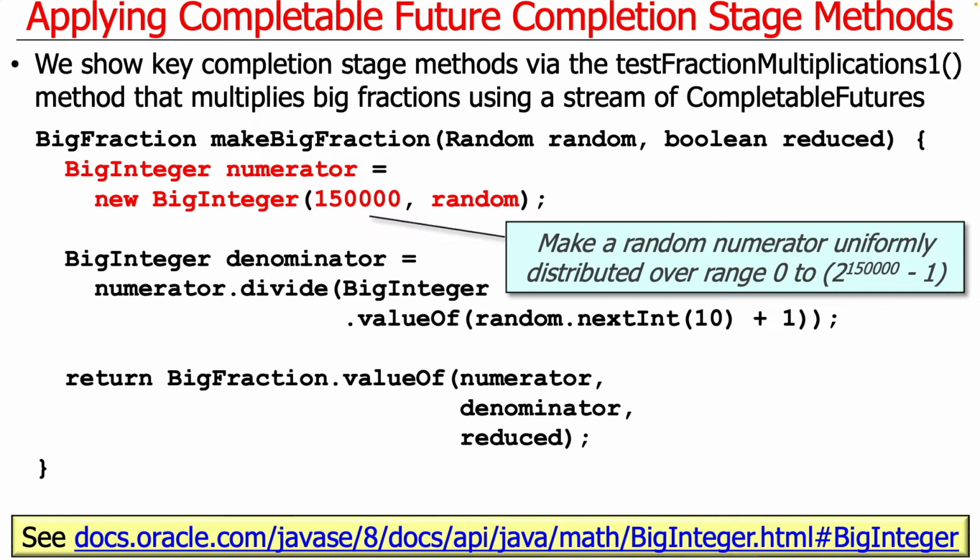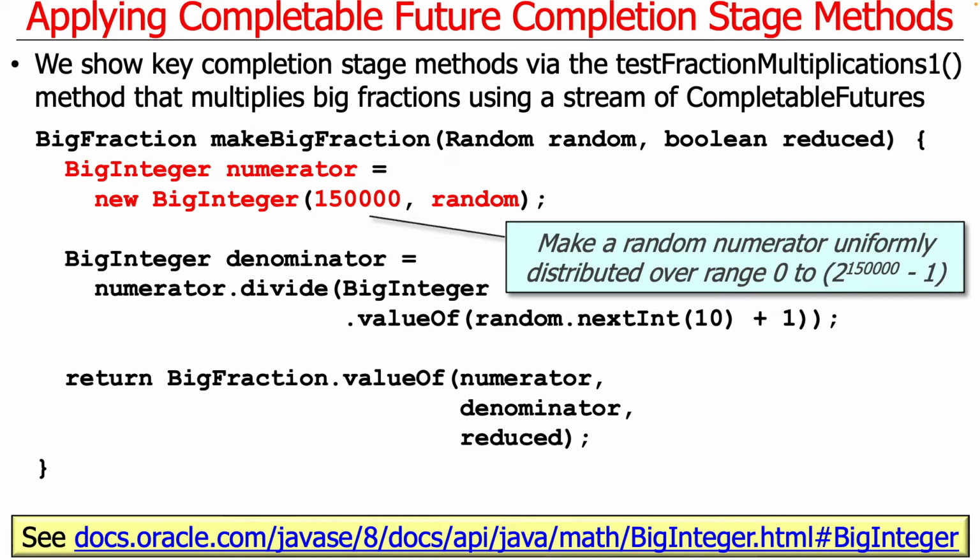We call big integer with its constructor passing in the random parameter, and we want the random number distributed over the range 0 to 2 to the 150,000th minus 1. And I think you will agree that's a really, really big number, which is why we're using a big integer, because big integers can be arbitrary precision integers, and they can be mammoth. And if you run this program, you'll see you get huge results.